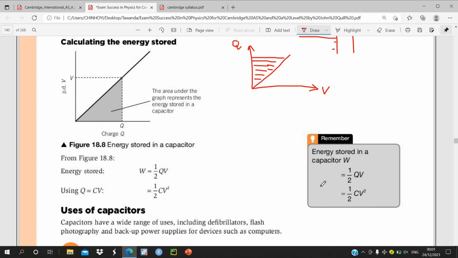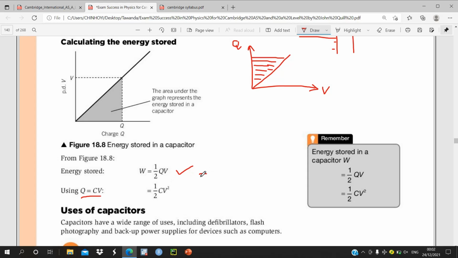The area under the graph is half base times height. Our base is Q, our height is V. That's why we are seeing this formula: half base times height, half QV. But now using this formula, we can eliminate Q, where Q is the subject of C equals Q over V, so Q is CV. So your equation will be half CV squared as the total.